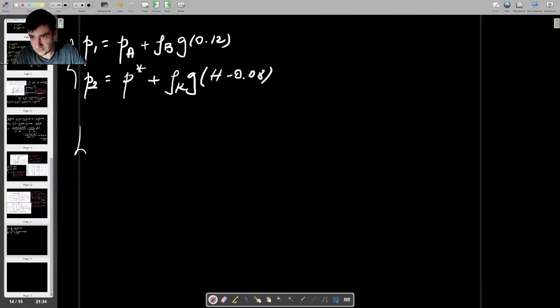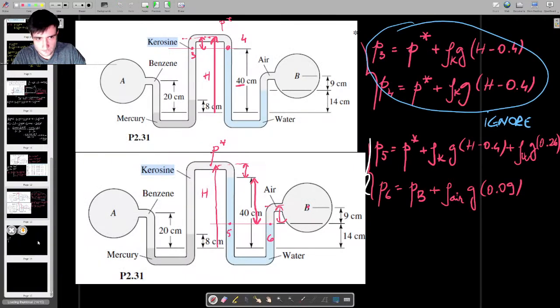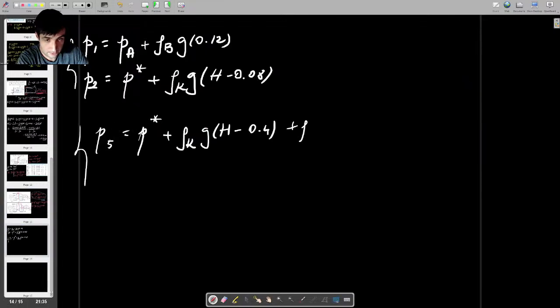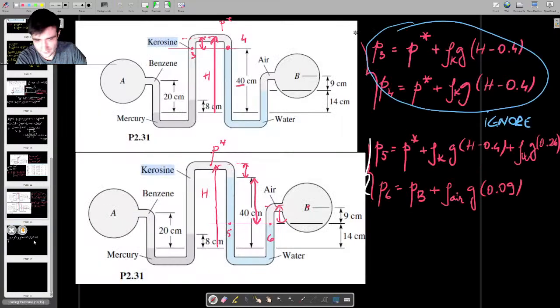So there's this, and then we also have those pressures. So we have P5 is equal to P star, I think, yeah, plus density of the kerosene times g times H minus 0.4 plus density of water g, and I think I actually used all the numbers in the question in the end.